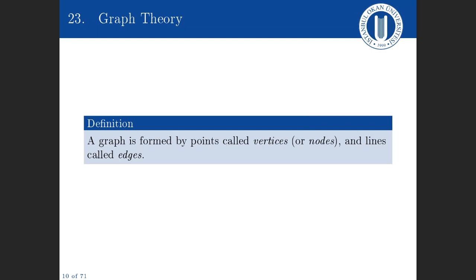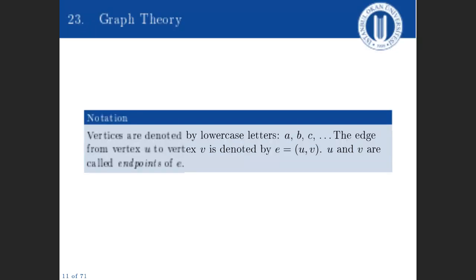What is a graph? A graph is formed by points, which we call vertices or nodes, and lines, which we call edges. For the vertices, we're going to use lowercase letters, A, B, C, etc. And if we're talking about the edge from vertex U to vertex V, we're going to use the notation round bracket U comma V close bracket.